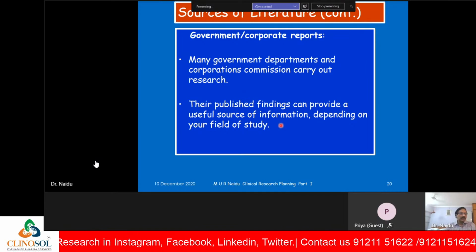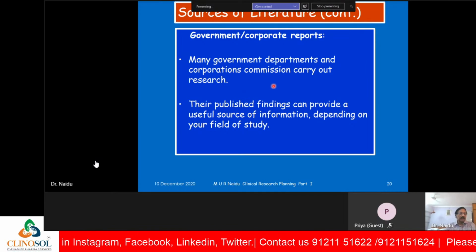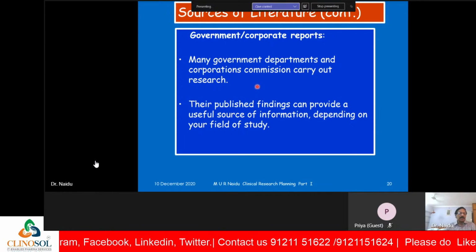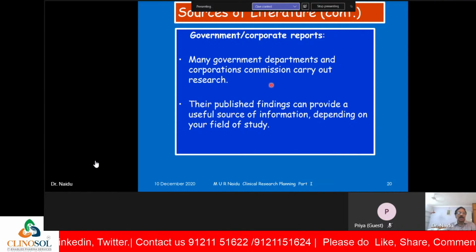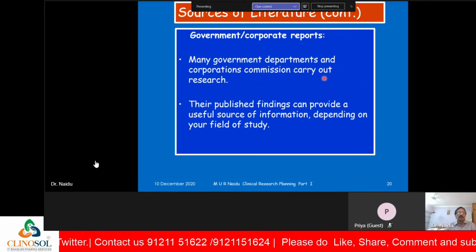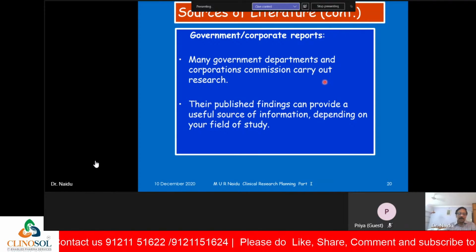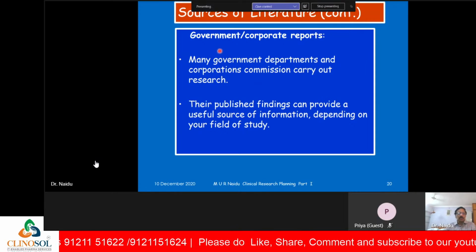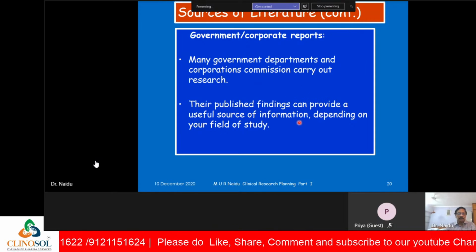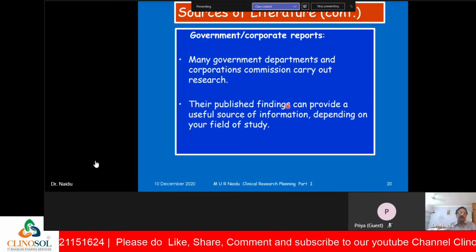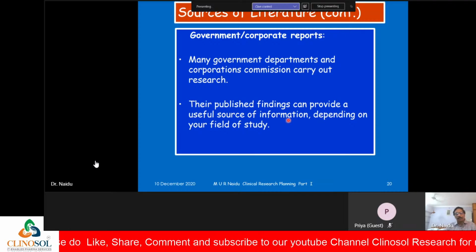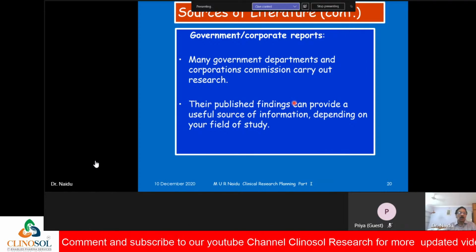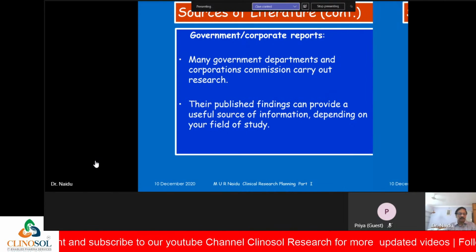There may be a publication from a government source like ICMR that says pancreatic cancer distribution is highest in a particular state, and that is the reason you can use it. So this information is sometimes very important, especially when you are planning an epidemiological study. It is very important to look for reports published by various government and non-government organizations.